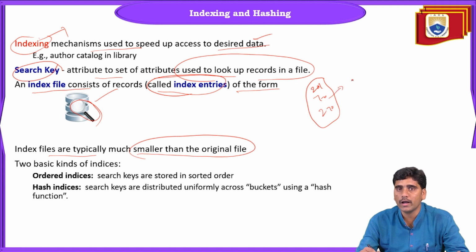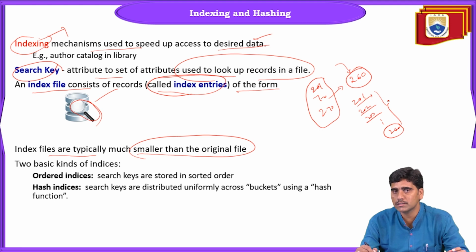I want to access record 260 without an index or a search key. I would have to check each and every record: 201, 202, 203, and so on up to 260. That takes a lot of time to read or search for that value.